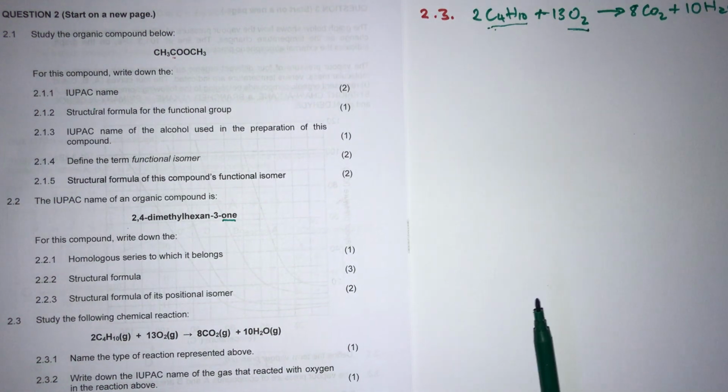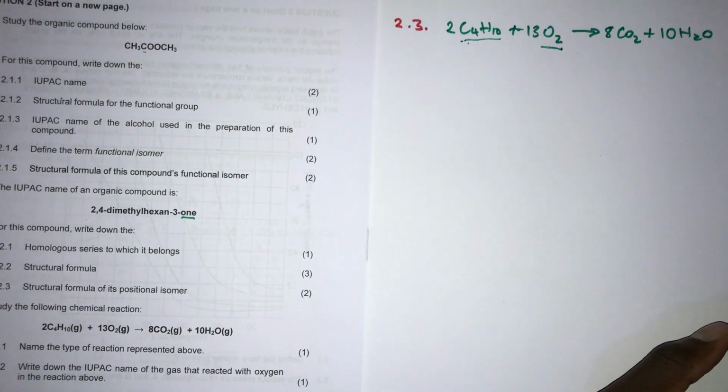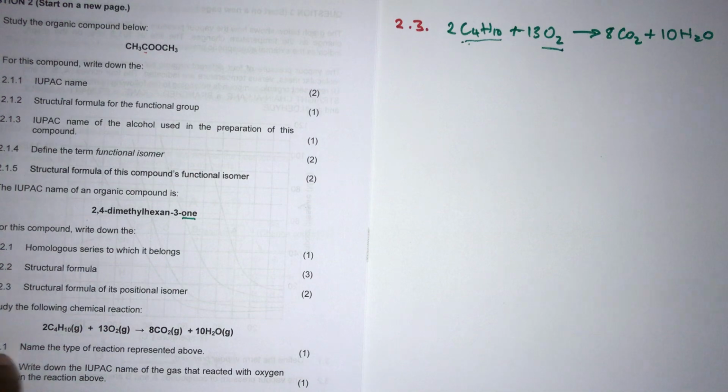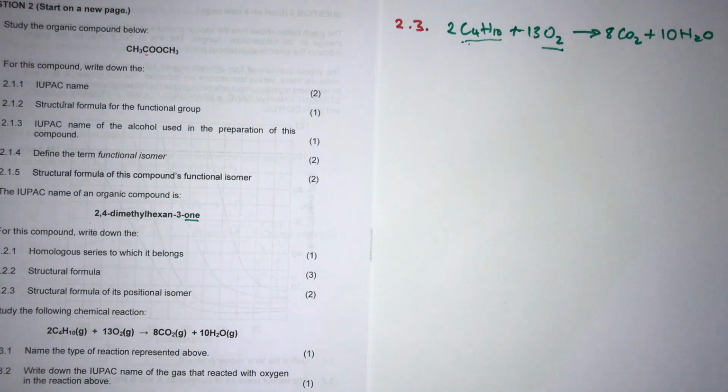This reaction we call a combustion. This is the combustion reaction. We react a compound with oxygen gas. The product is always carbon dioxide plus water.